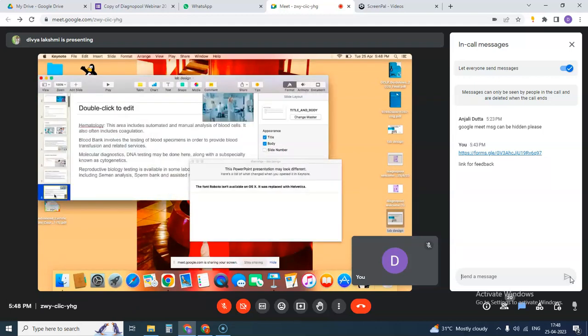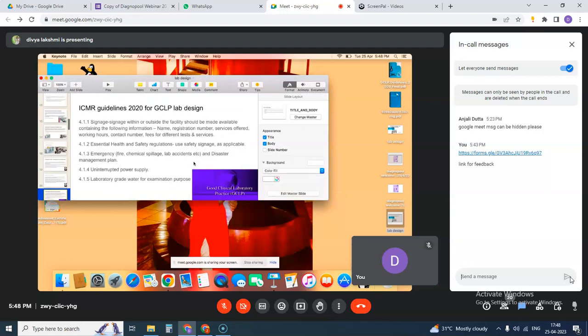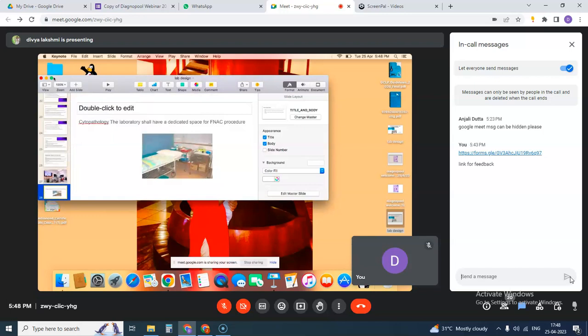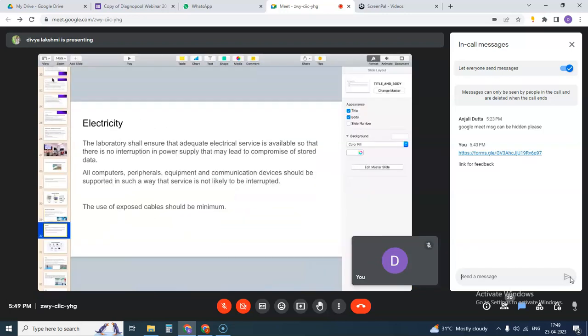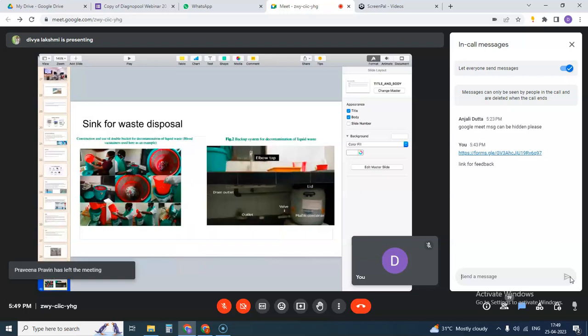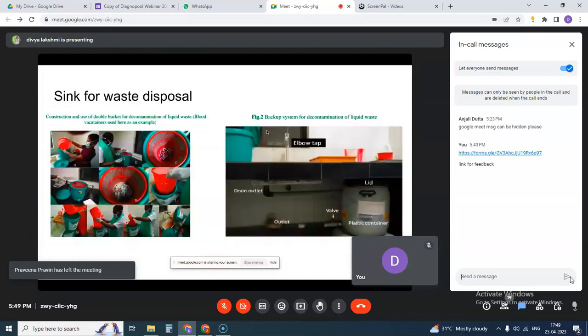Okay. Because this is quite important, especially for small labs, which do not have good effluent tanks and are discarding into the normal municipal waste, I just thought of putting up this slide. We should have separate tanks or separate sinks for discarding the liquid waste.